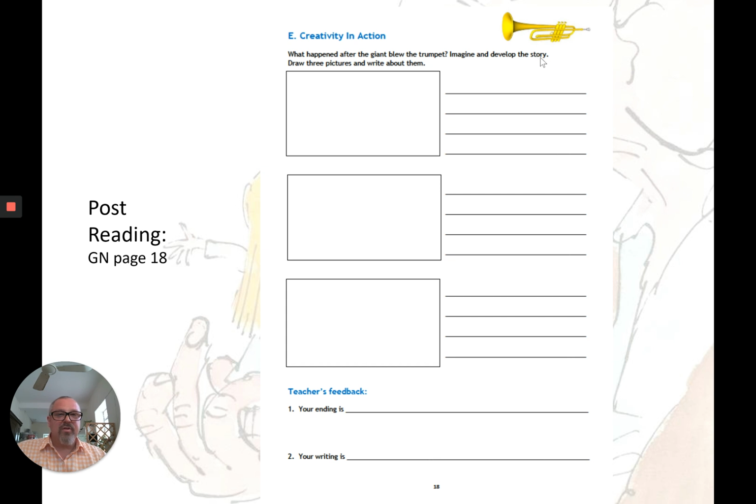Page 18. What happened after the giant blew the trumpet? Imagine and develop the story. This is what I was talking about before. If you've read the book or seen the movie, and there's more than one movie that has been made, wipe that from your mind. This should be just your own ideas.